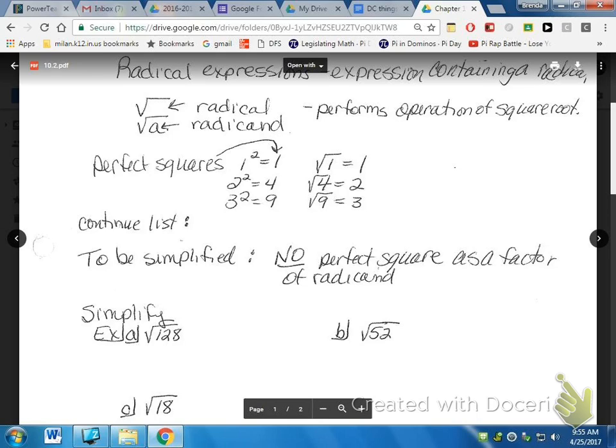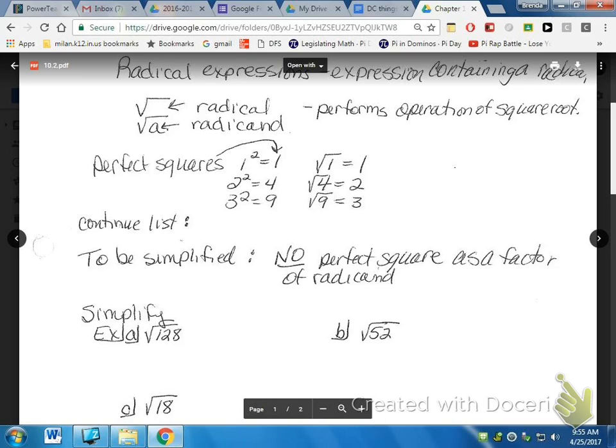I believe on the I-STEP you discovered that you were supposed to know some of those without using calculators, so you could do estimation of square roots. You should be able to continue that list, 1, 4, 9, and so on, 16, 25, 36, and know when you square root those, you get a whole number.